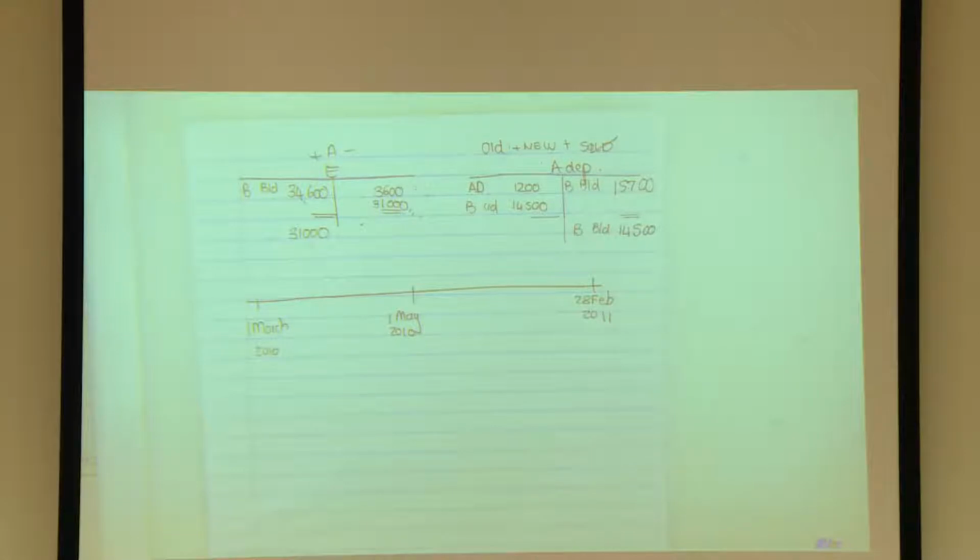Why do I care about the depreciation on the asset which I've sold if they've already done the asset disposal account? What's the link? Tell me, from the pre-adjustment trial balance, is there any depreciation account there?